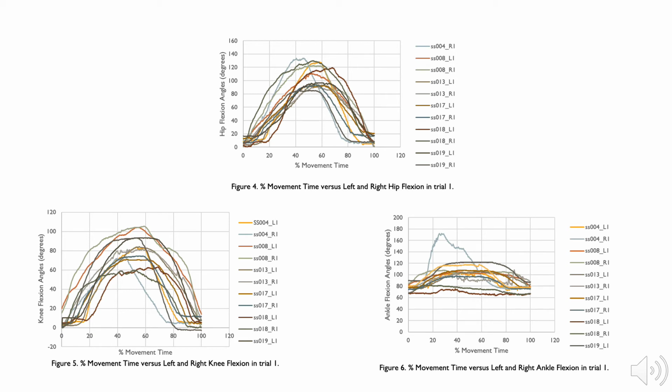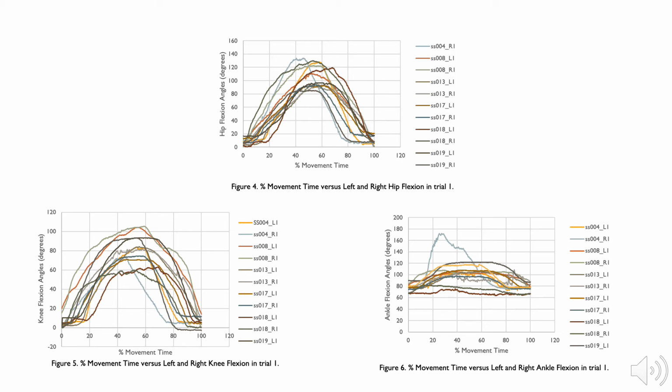In figure 5, we have the percent movement time versus left and right knee flexion in trial 1. In figure 6, we have percent movement time versus left and right ankle flexion in trial 1. And I chose to normalize the time because I wanted to get a good comparison between all of the participants and figure out which one would be the most consistent, which seems to be figure 4 of the left and right hip flexion.